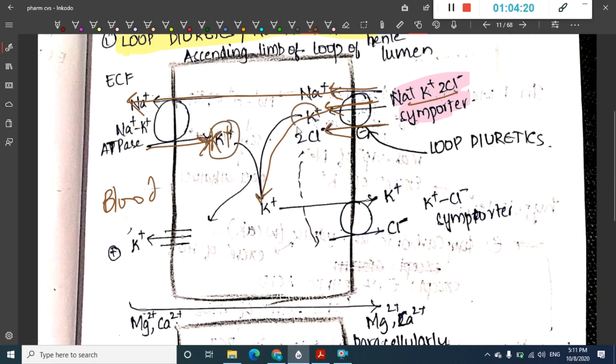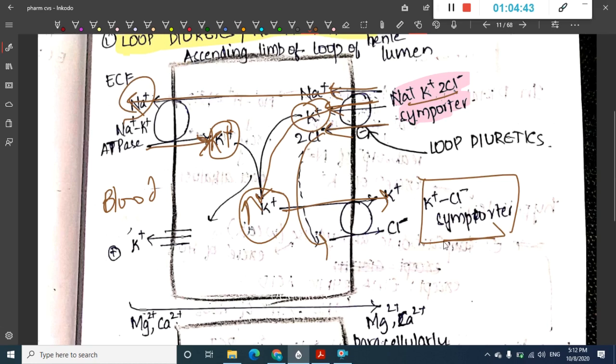So there is increased potassium in the cell. This potassium is lost again to the lumen by a potassium channel, and the chloride is also lost, that is, the potassium chloride symporter helps in loss of potassium and chloride. So this is the mechanism for absorption of mainly sodium and excretion of potassium and chloride, right?